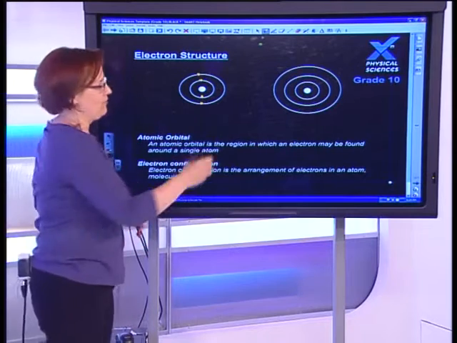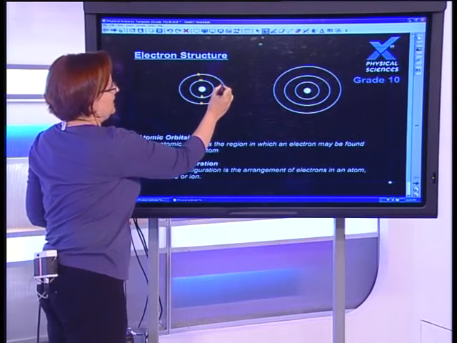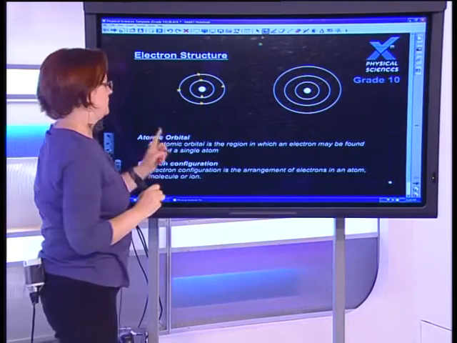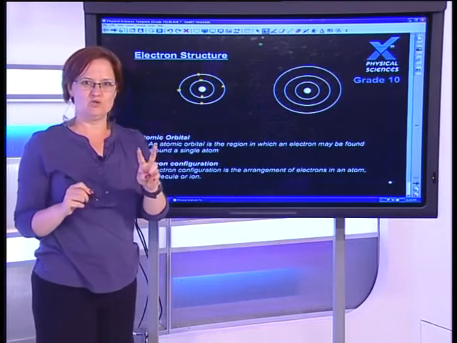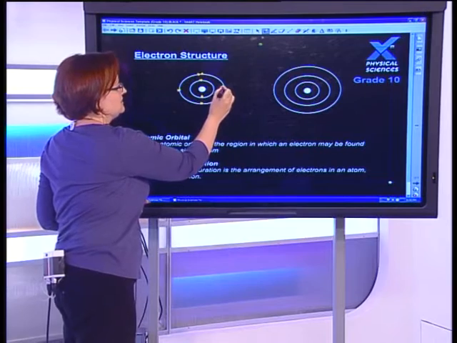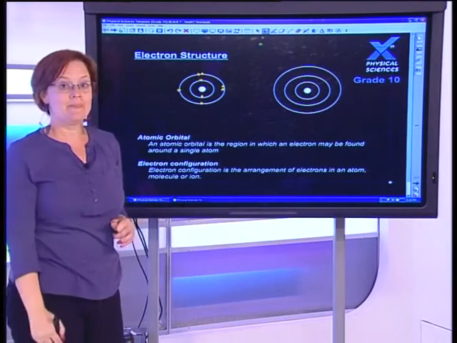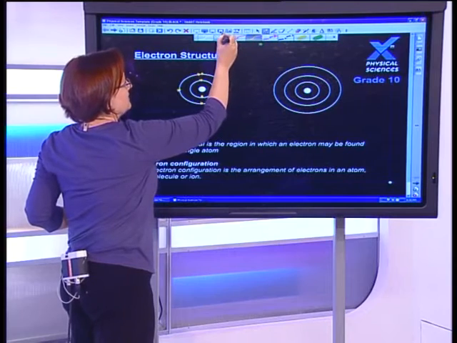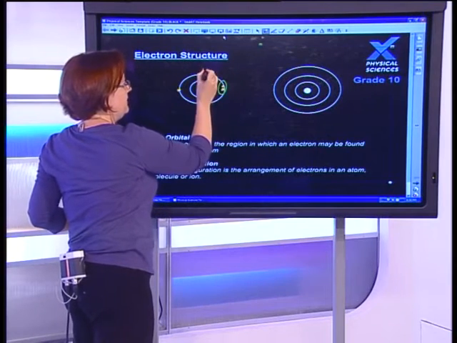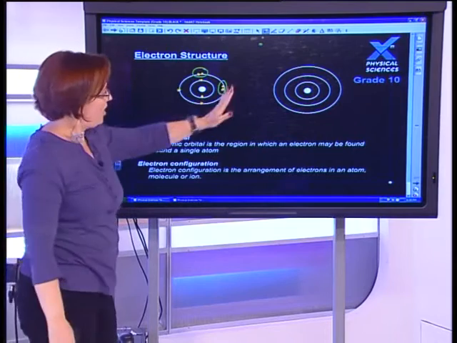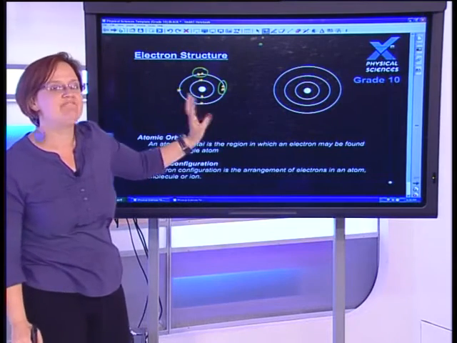We've done 4 already, and we can do 5 and 6, and then we still have 2 missing, and scientists realized that they're going to spend time together in pairs. Each of these pairs are actually orbitals that form part of an energy level.